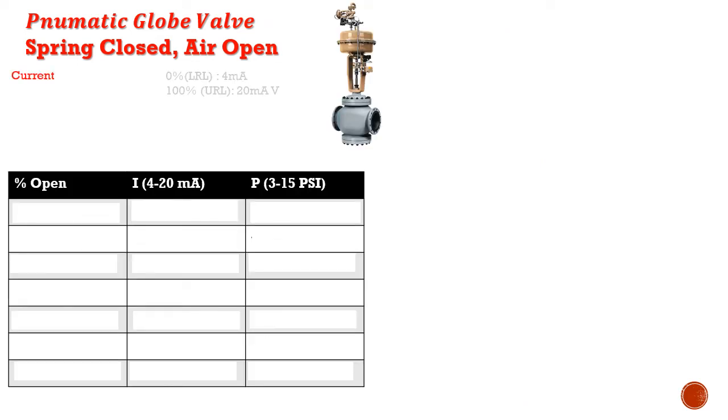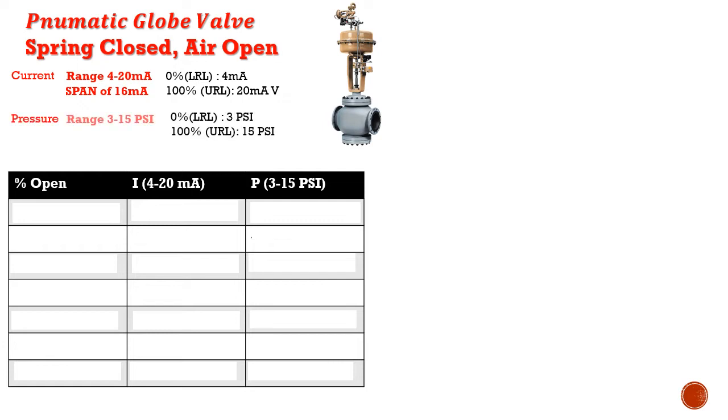So, our current input to the valve is going to be between 4 and 20 milliamps and have a span of 16. Before the pressure amplifier, the pressure is going to fall between 3 and 15 psi for a span of 12. So these are the numbers we will use to calculate our values.